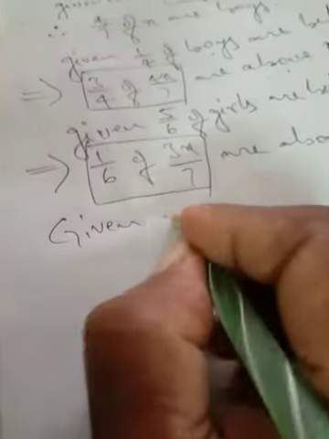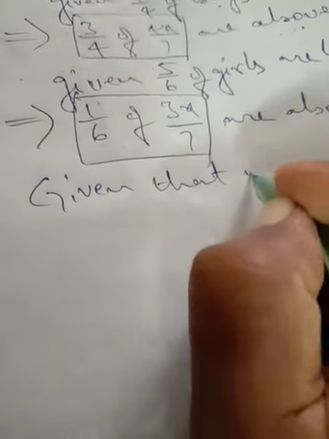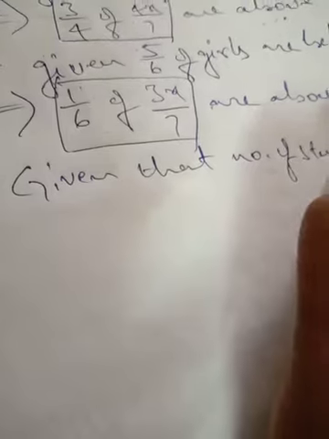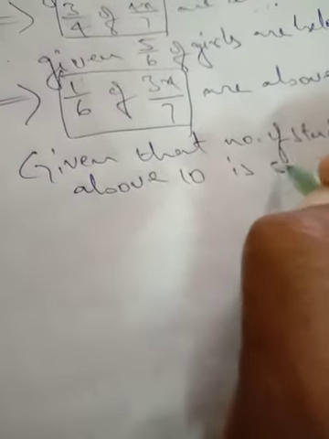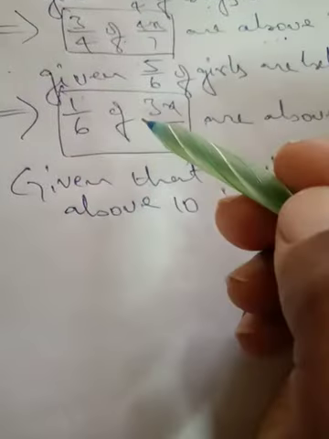Since he has given that the number of students above 10 is 500, how do we get this number? We have to add both the above 10 boys and above 10 girls.